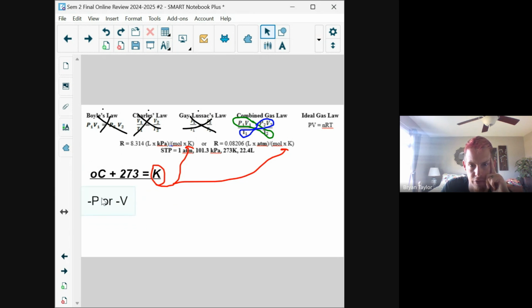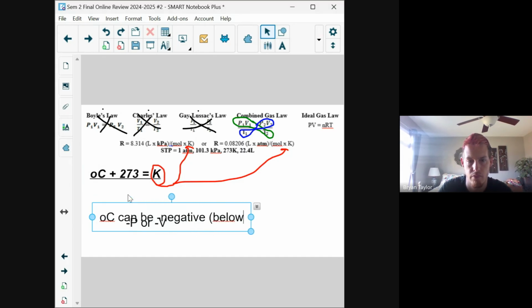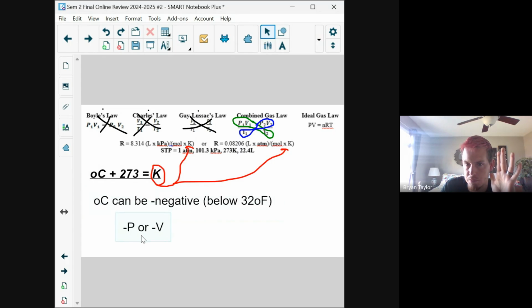Celsius can be negative, and to be honest with you, that's really easy to do. 0 degrees Celsius is 32 Fahrenheit. And obviously, if we put a 0 at the bottom of this equation, we're in trouble, right? Because you can't divide by 0. That's undefined.